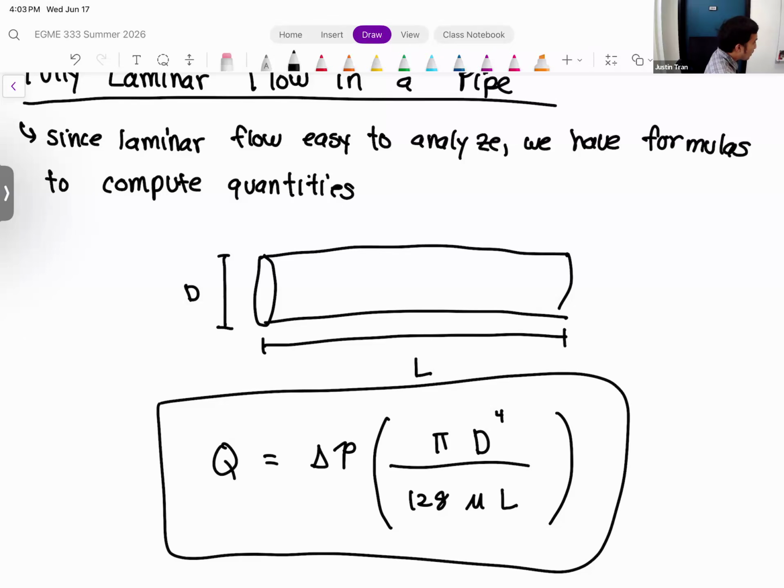So you can see here that pressure drop and volumetric flow rate are directly proportional to each other. We have that proportionality constant, pi D to the fourth over 128 mu times L. That tells you that the pressure drop also scales based on the length and the diameter.